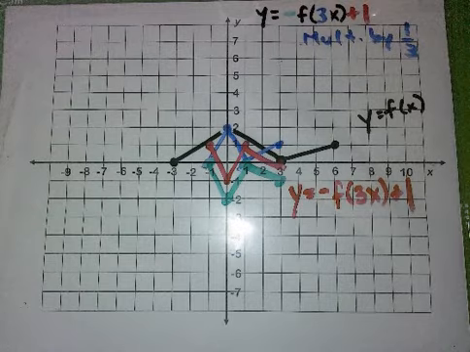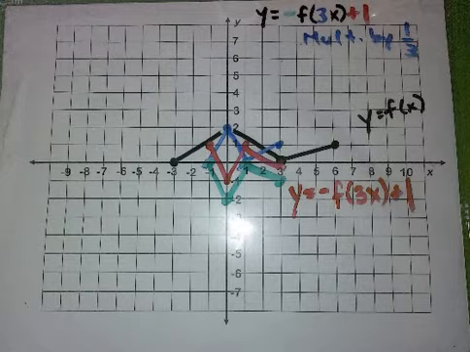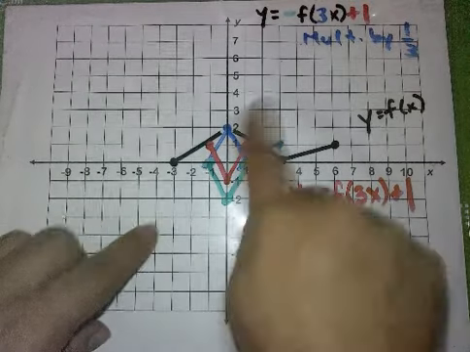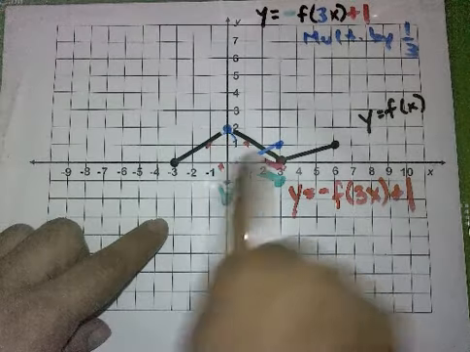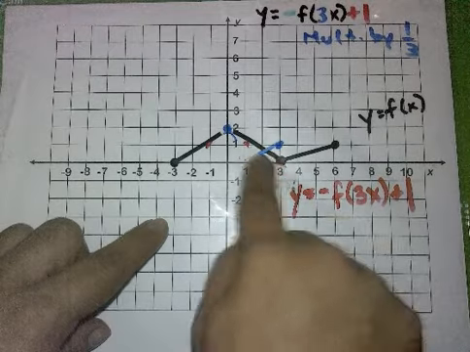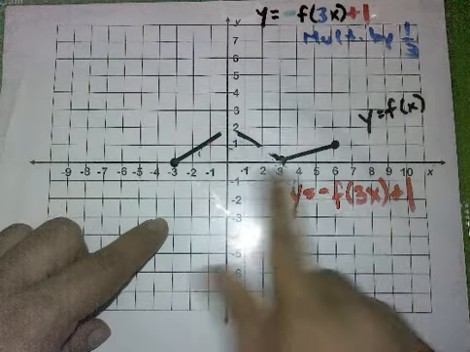Okay, I'd like to do one more example here for you. Let's take the same function. So we're going to leave the same function, and I'll just erase this here.